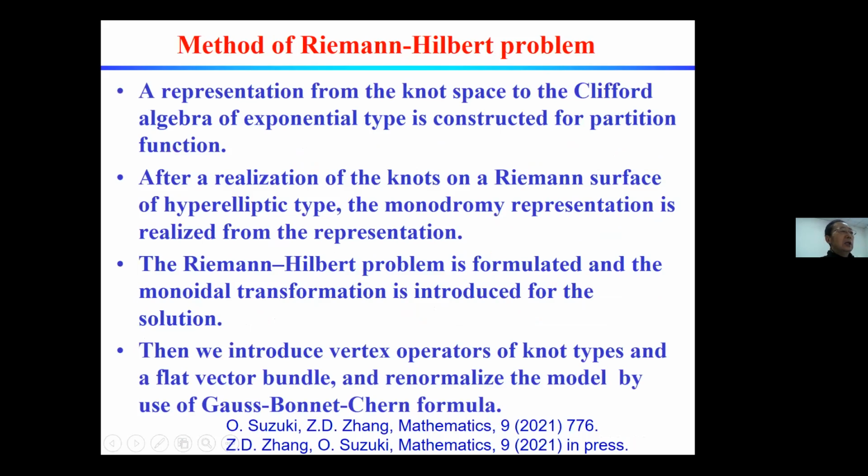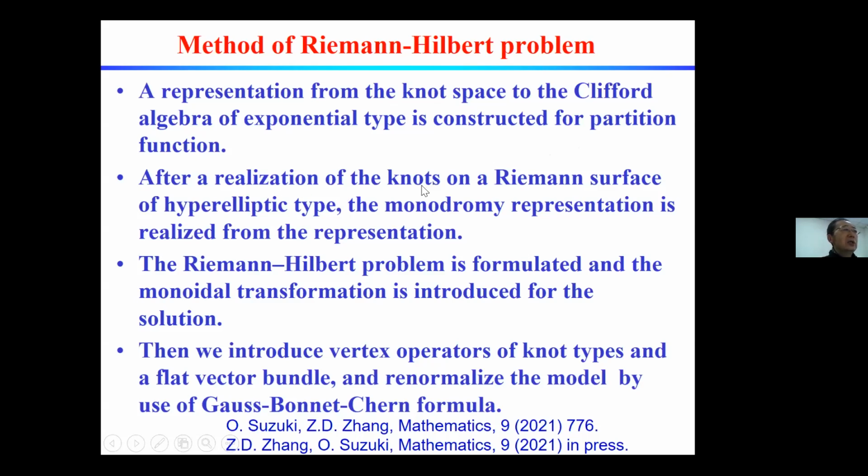And then this year, in cooperation with Professor Suzuki, we solved the problem using another method. This method is the so-called Riemann-Hilbert problem. So the first step is a representation for the knots space to the Clifford algebra of exponential types is constructed for the partition function of the 3D Ising model.